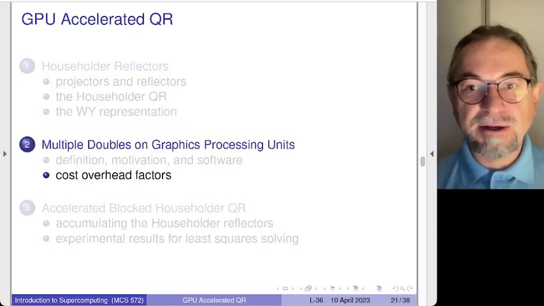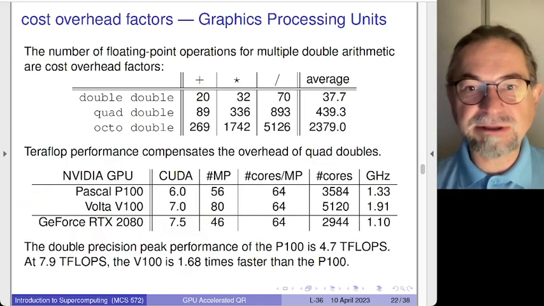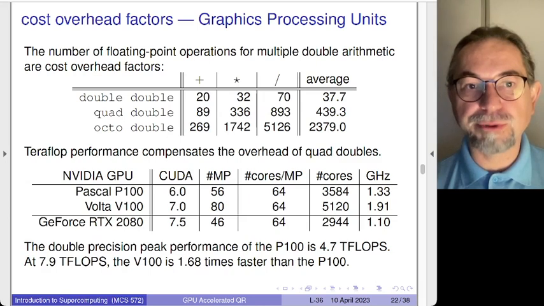All right. All good and well, but here is the downside. So you can see there is the predictable overhead. To do one addition in double double arithmetic, you need 20 64-bit floating point operations.